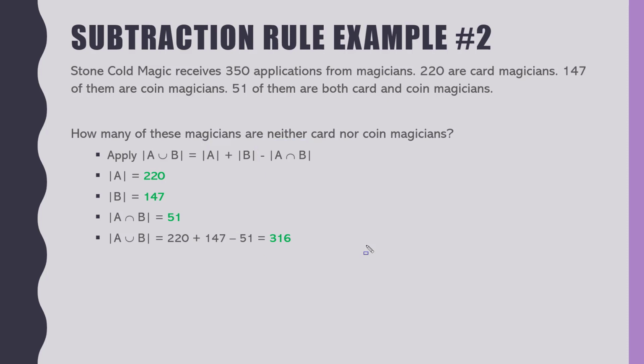But that's not all, because my question was, how many of them are neither card nor coin? Well, that's the list of ones that are in one or both of those groups. So the next piece of that is then, there's 34 because we subtract 316 from 350. That's how many magicians are neither.